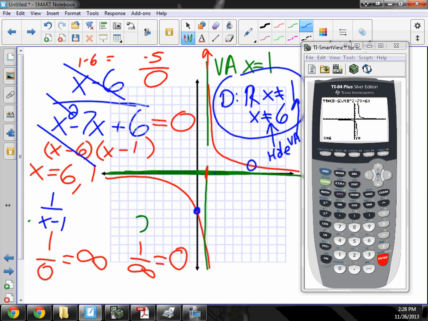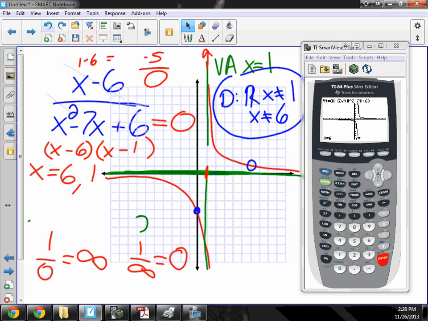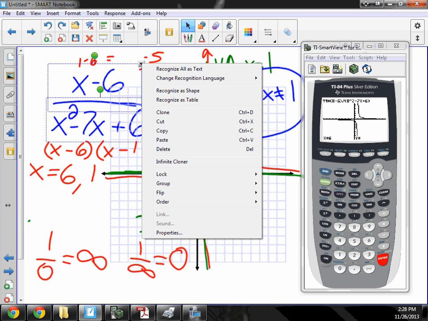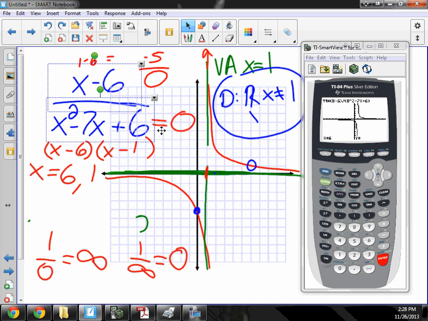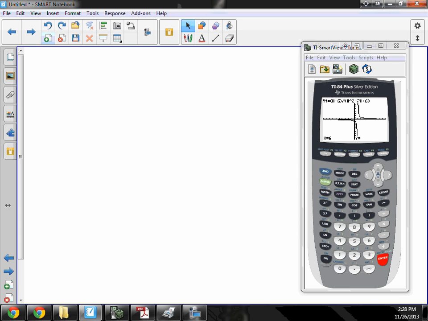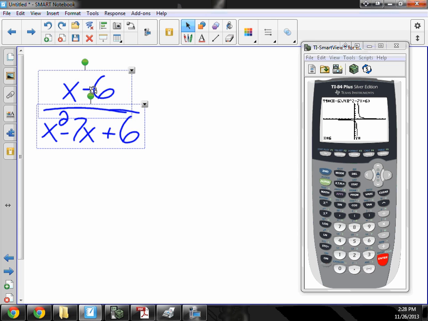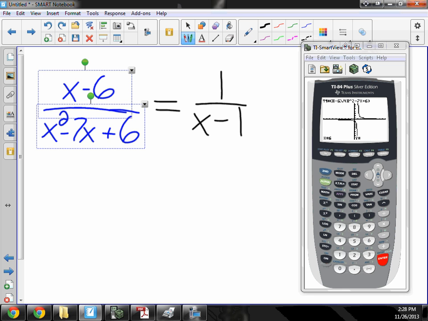Okay? Well, let's talk a little bit more about holes. So let me back up. Okay, so if I write that equation, this equation simplifies to be 1 over x minus 1, right? Everybody agree? Come on.